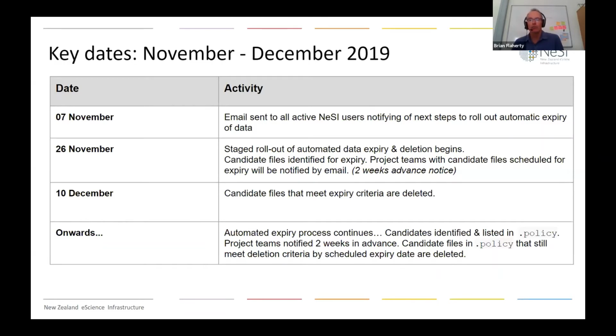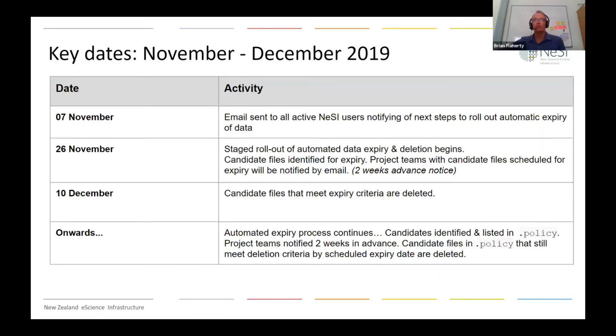In their .policy directory, those files will be listed. As I mentioned, 2 weeks from today, that's the 10th of December, those files that were notified and meet the expiry criteria will be deleted.